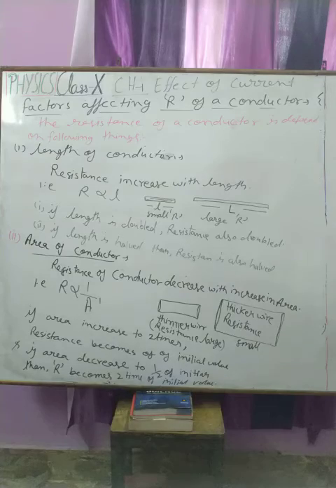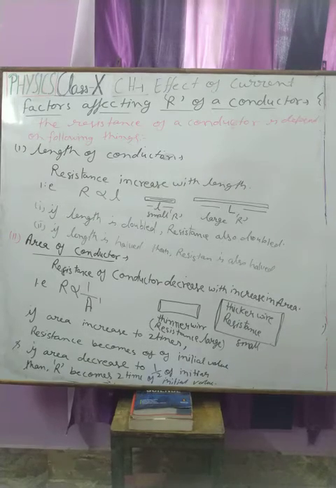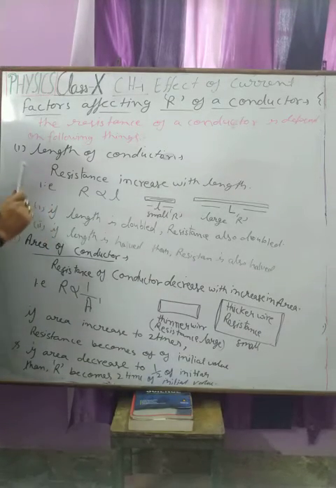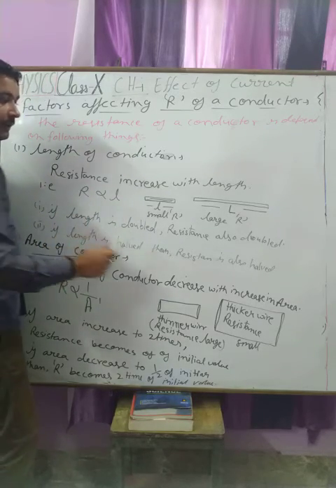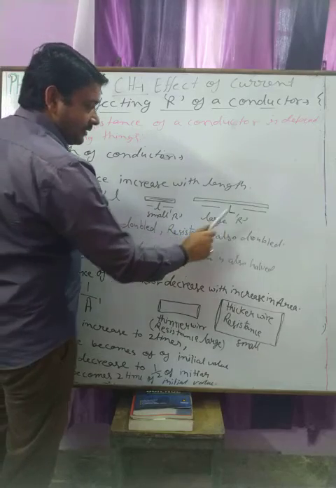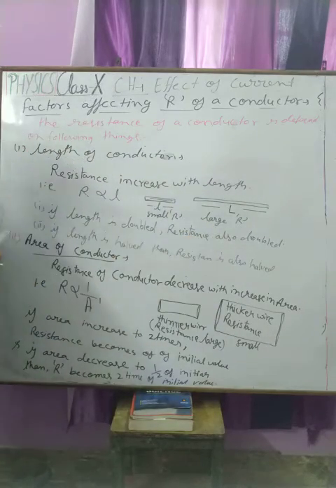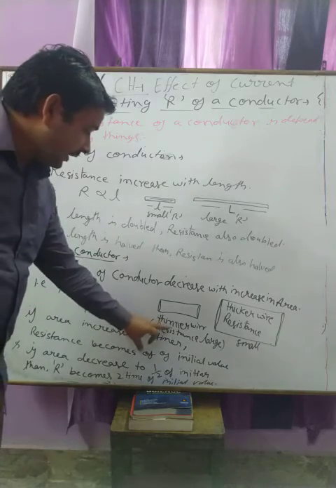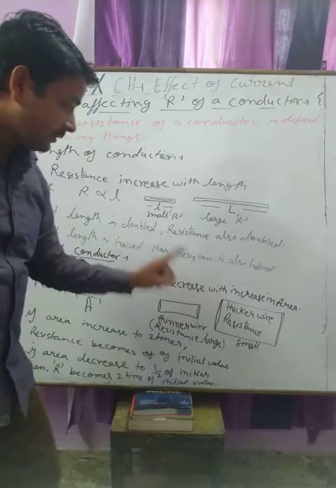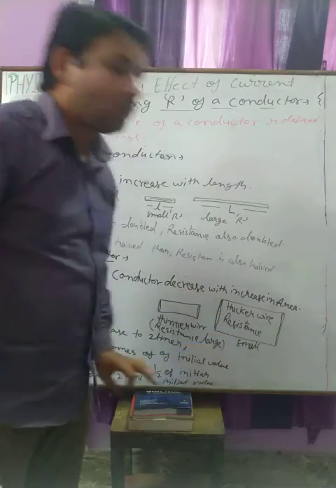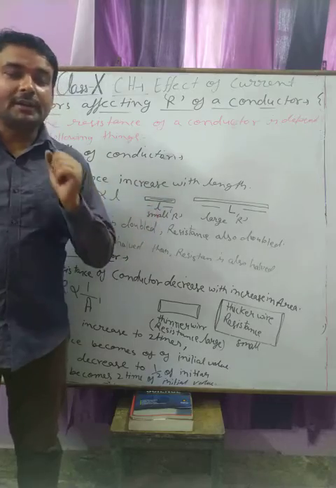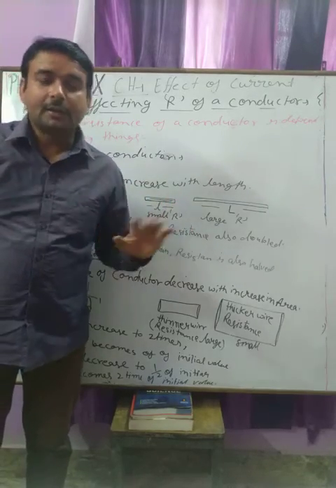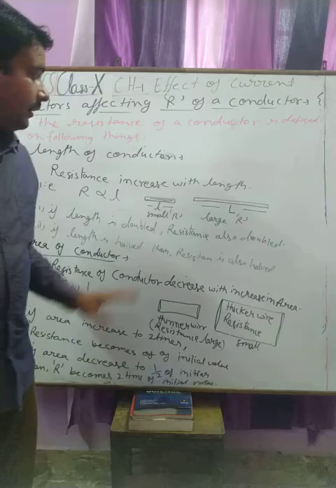So student, it is understood by you: a wire of small length has smaller resistance, and a wire of large length has large resistance. And when we compare with the area, a thinner wire has larger resistance and a thicker wire has small resistance. That is, in the thicker wire the current flows more easily in comparison to the thinner wire. Copy this.